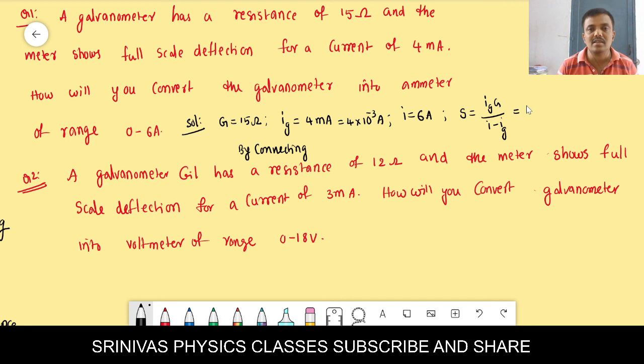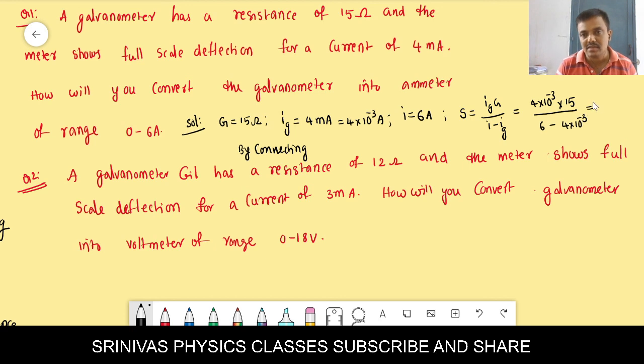You use the formula. Ig is 4 into 10 to the power of minus 3. G is 15. I minus Ig: I is 6, minus Ig is 4 into 10 to the power of minus 3.